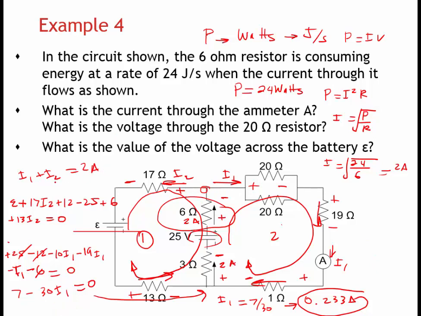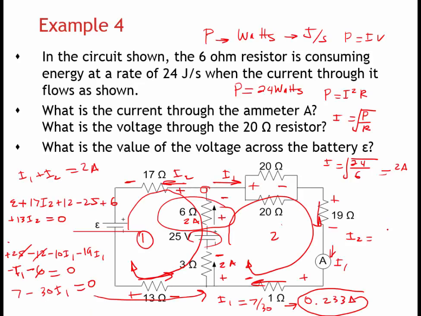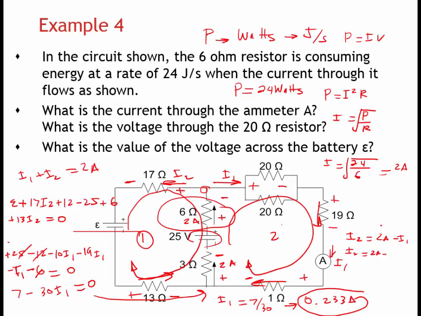I2 is going to equal 2 amps minus I1, which is 2 amps minus 0.2333. So I2 comes out to be 1.77 amps.